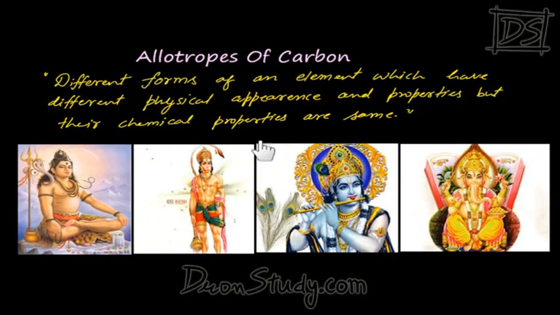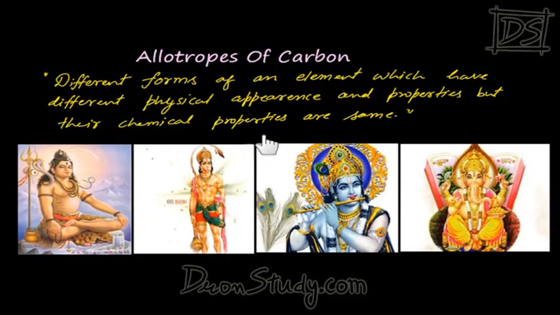That means the four different pictures here are different forms of the same God, whose physical appearances are obviously different, but the rest of the properties are the same. So these four have become four allotropes of God.